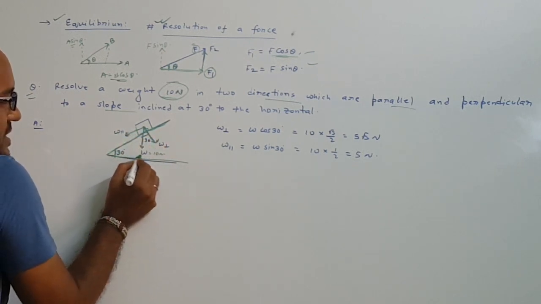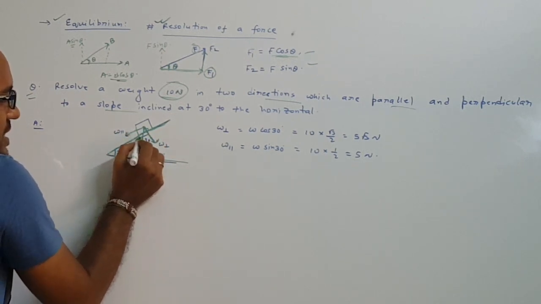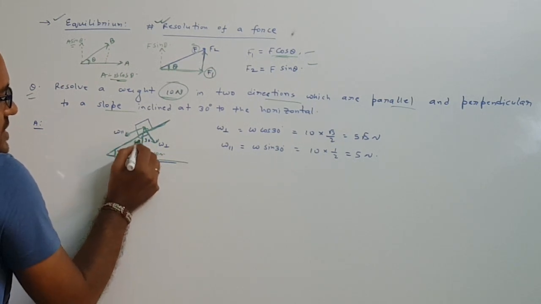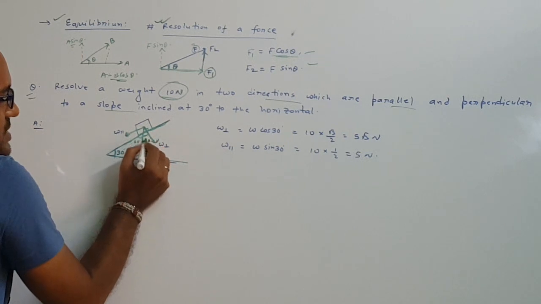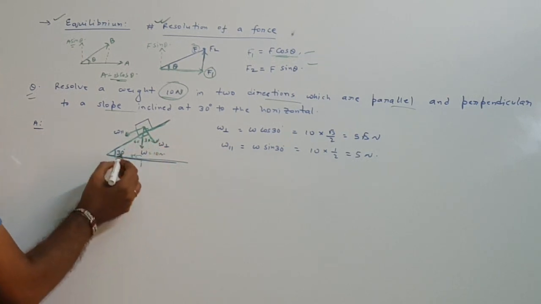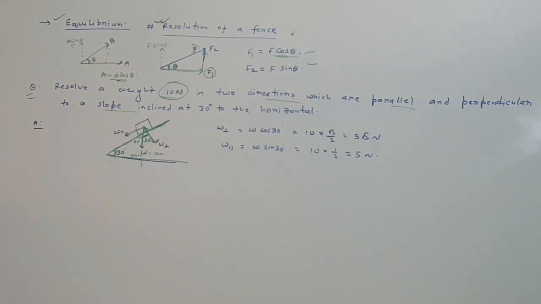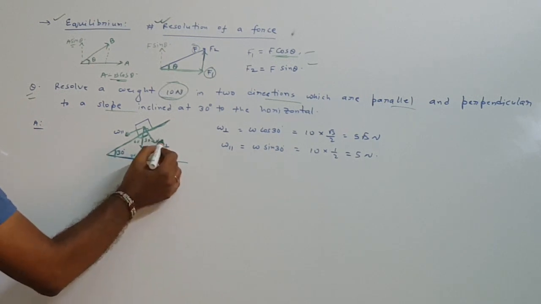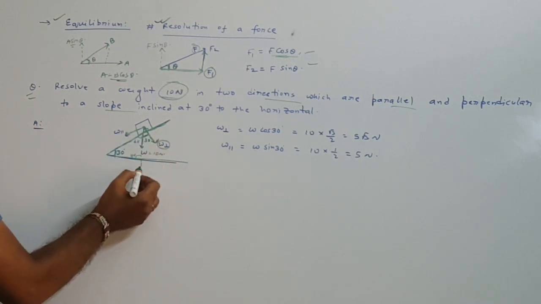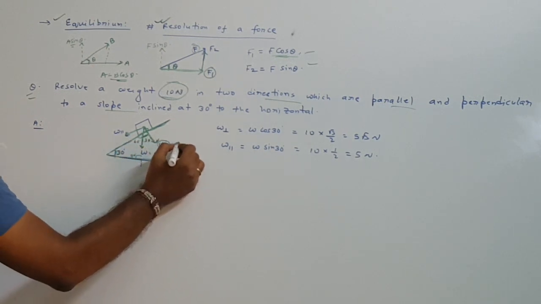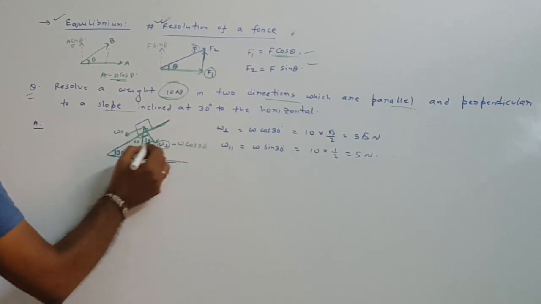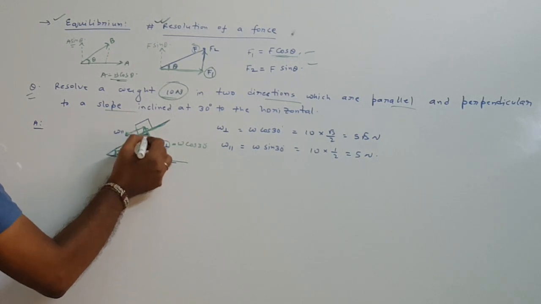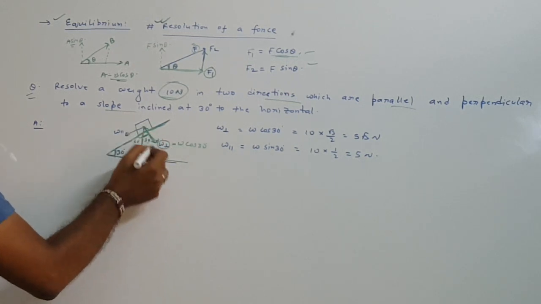If this is angle theta, this is 90 degree, so this angle would be 60 degree. Now as this and this are perpendicular, if this is 60, this will be 30. So always remember, if this is 30, this angle will always be 30. And if you notice, this is the perpendicular component, or the cos component, which is W cos 30 degree, because W is attached with angle 30 degree with that component.